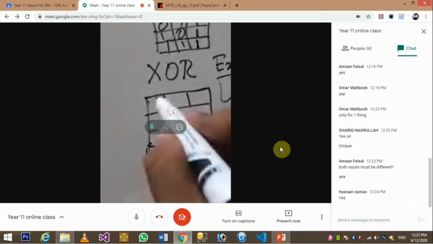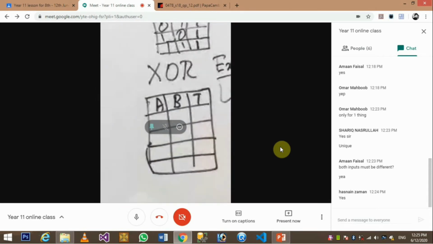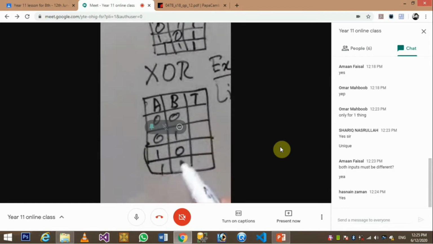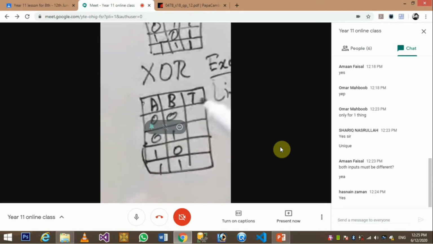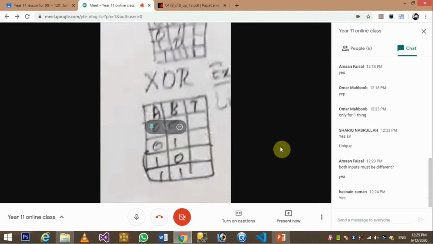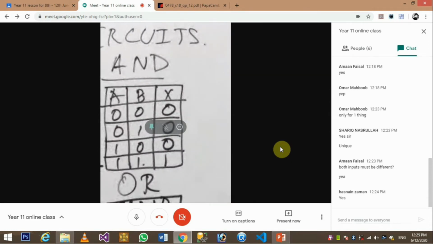Okay, so A, B and this T, the output: 0 0, 0 1, 1 0, 1 1. Okay, if we go to the AND gate, as you can see here, this 1 1 satisfies the condition of AND, meaning both are 1, so this is 1.